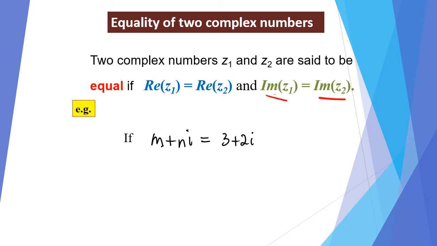For example, if we have m plus ni, this one complex number is equivalent to 3 plus 2i, this other complex number. It means that the real parts of these two complex numbers are equal, and the imaginary parts are equal. So we can say that m equal to 3 and n equal to 2.